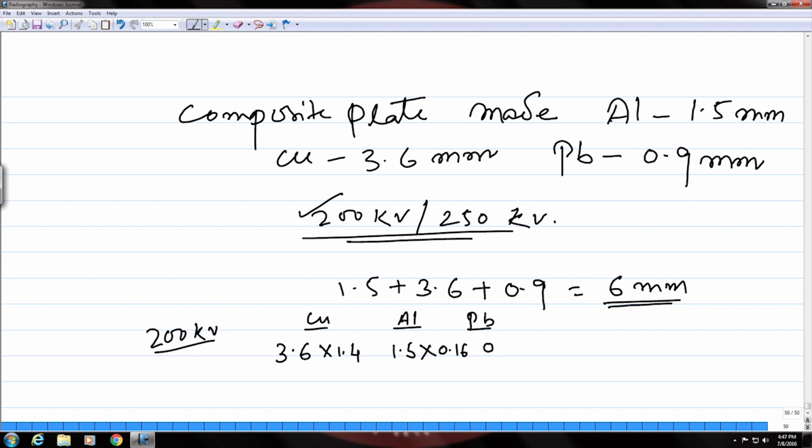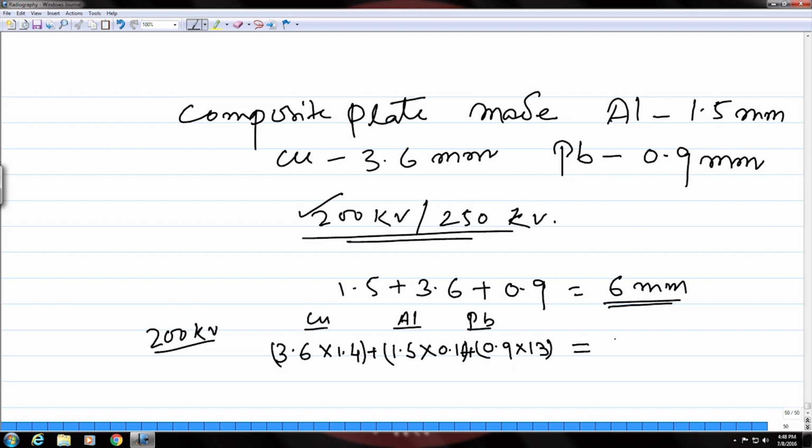Similarly, lead is 0.9 mm and the conversion factor is 13. So, this will give you the thickness at a particular voltage.